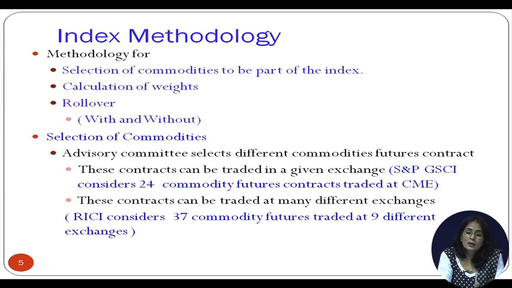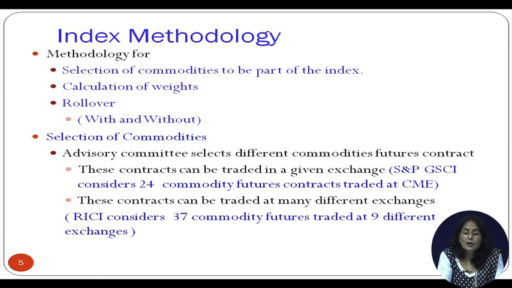Now another very interesting dimension of a commodity index is that commodity indices are based on futures contracts. And all of us know futures contracts come to a maturity or expiry at some point of time.